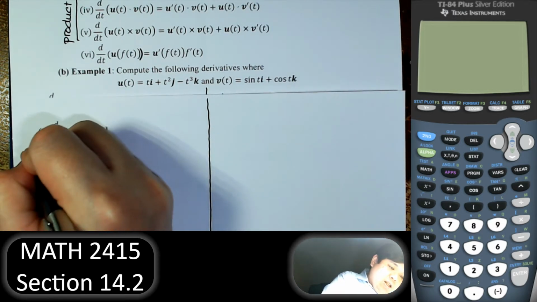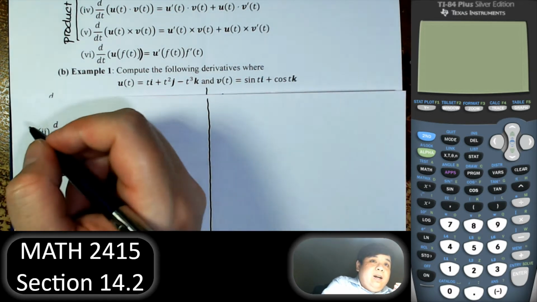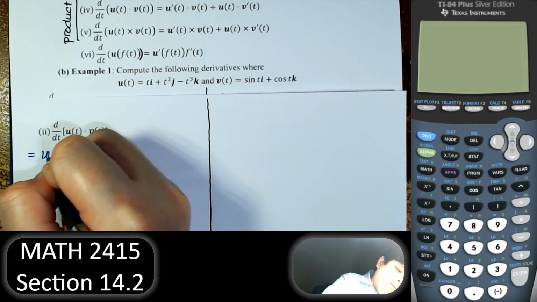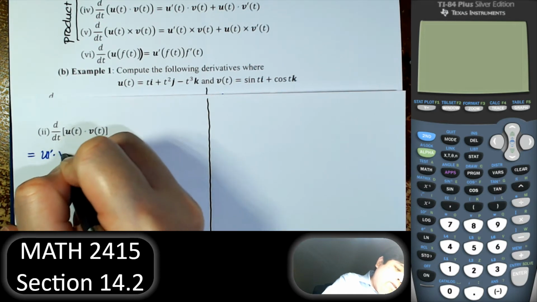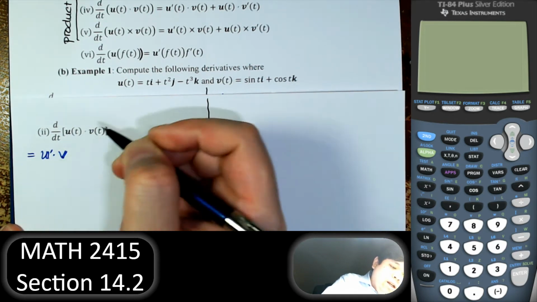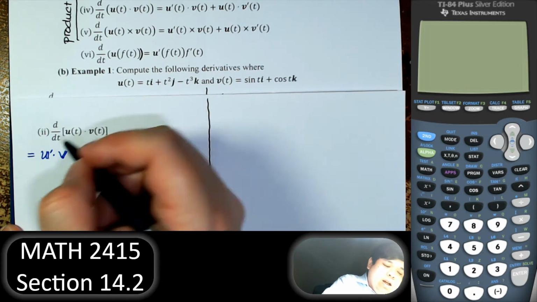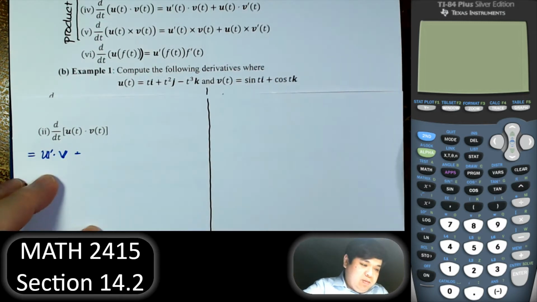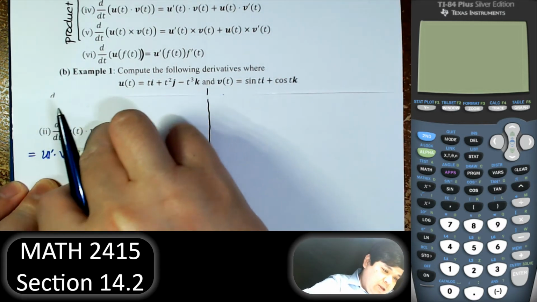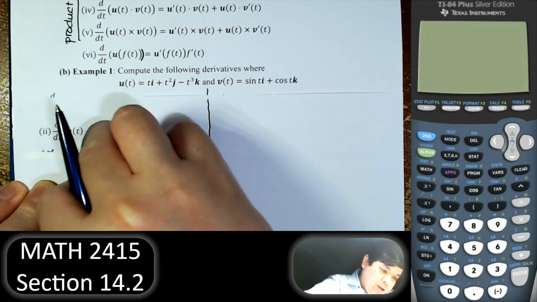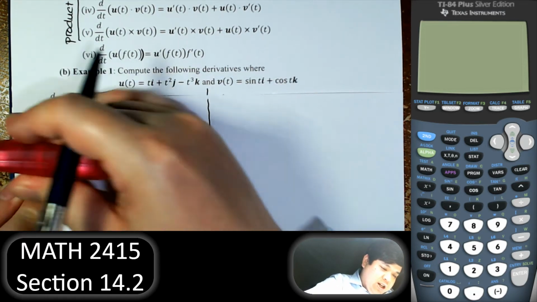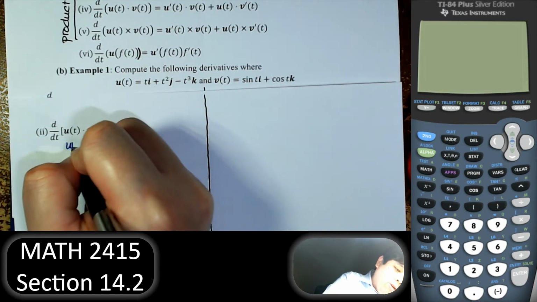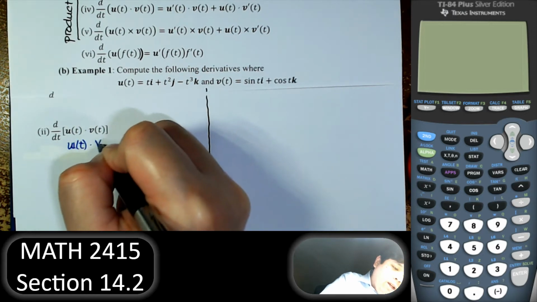It's just the product rule with the dot product. So we're going to have u prime dot v, either u of t or not, it doesn't matter, plus. Actually, let's just be consistent with the last example. First we just multiply it out. So u of t dot v of t.